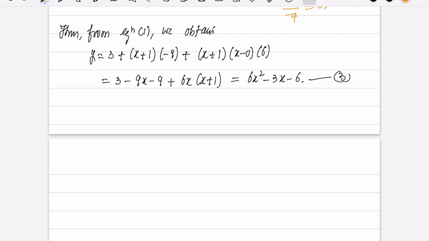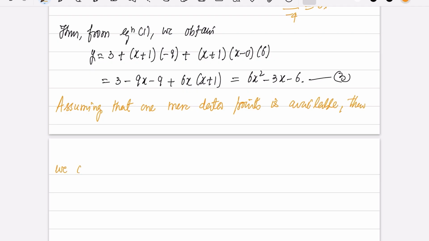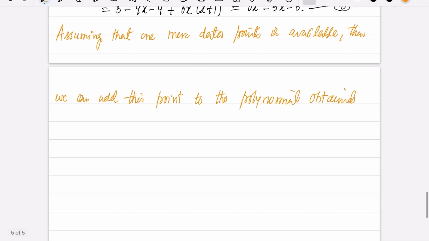Now assuming, just for learning purposes, that we had missed this point and that one more data point is available, then we can add this point to the polynomial obtained in equation 3.